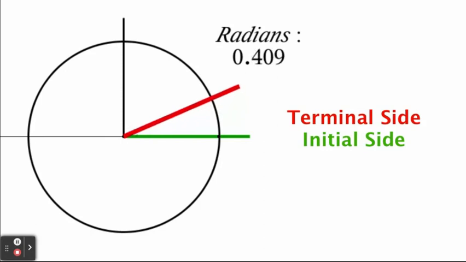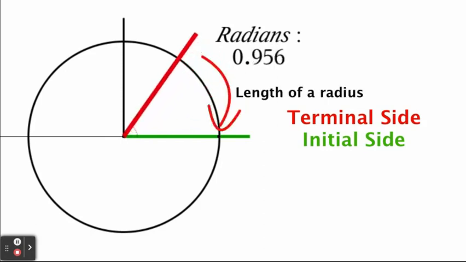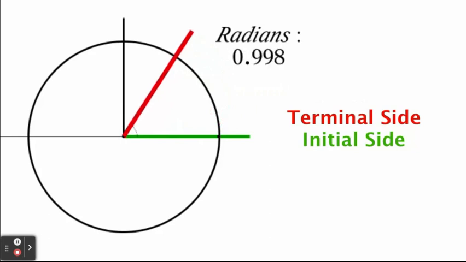So I put it in your heads that a radian is a length, and I'm going to adjust this so that, there we go, the terminal side is 1 radian away from the initial side. So this is a length along the outer edge of the circle here. But a radian can also be describing the angle formed by the terminal side and the initial side right inside here.